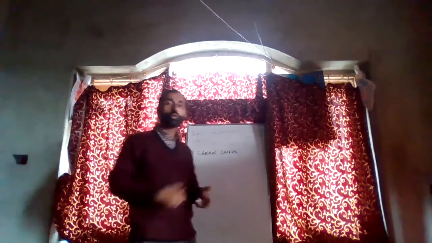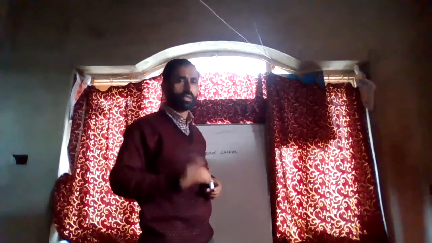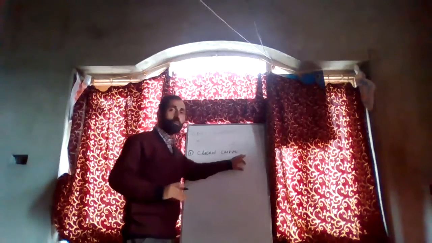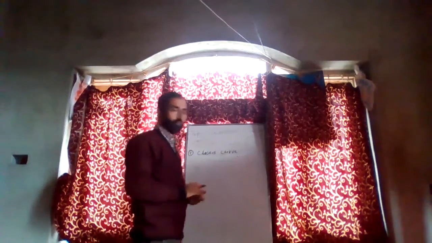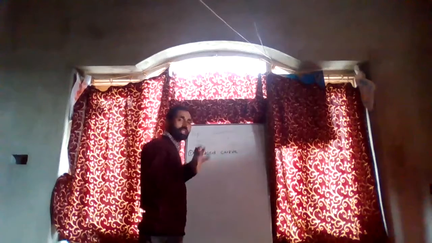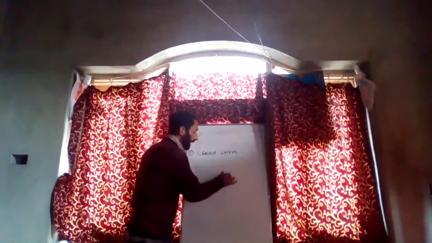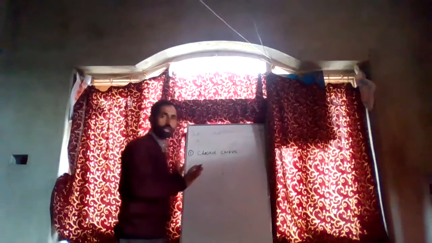What do you mean by closed curve? When we join a number of points without lifting a pencil from the paper, we get a closed curve. What does it mean? When we draw some points on a plane surface, for example, I will draw some points on this plane surface.